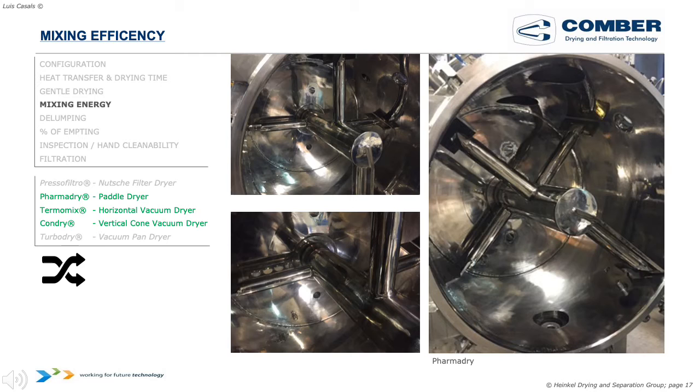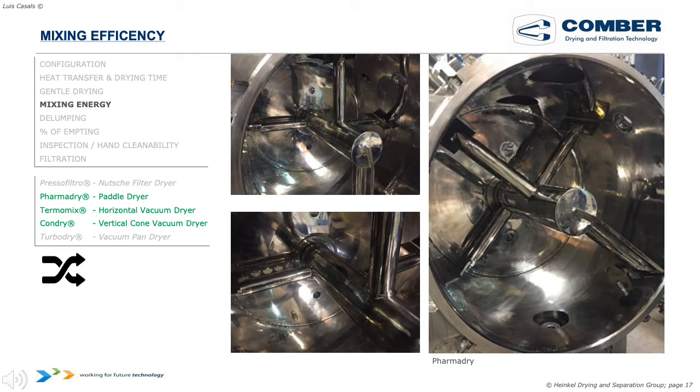This is the fourth concept to deal with, mixing energy. We know also that from time to time we need not only to dry, but also to mix. Regarding mixing energy, the best options are the paddle dryer and the Thermomix.